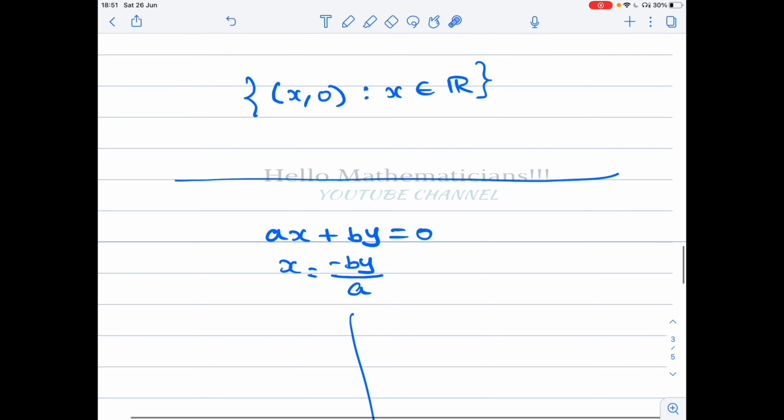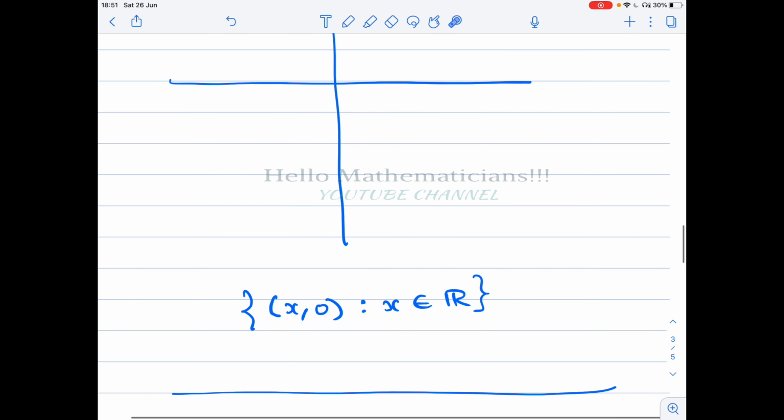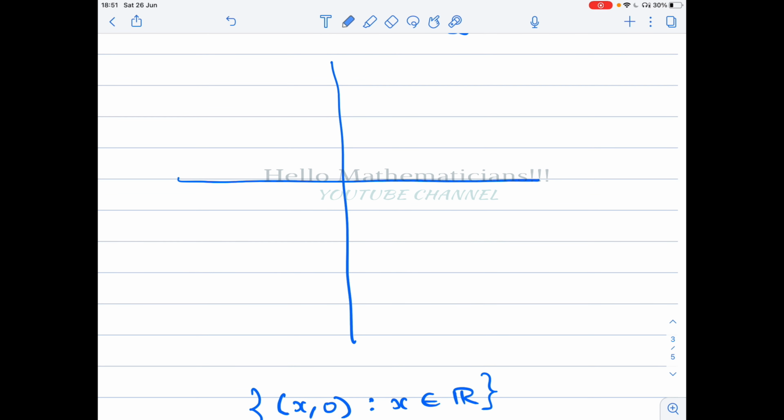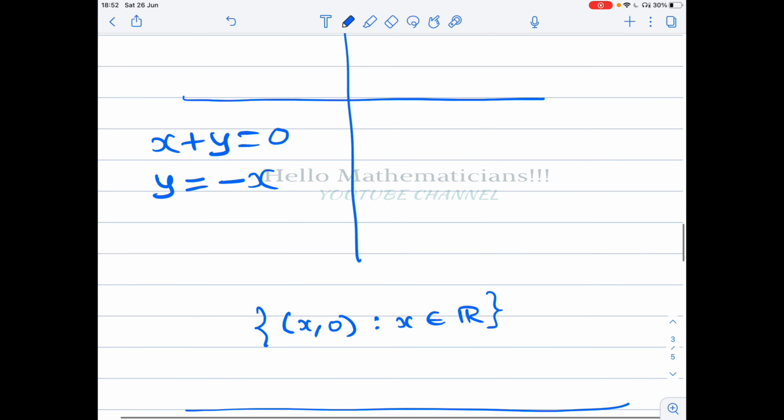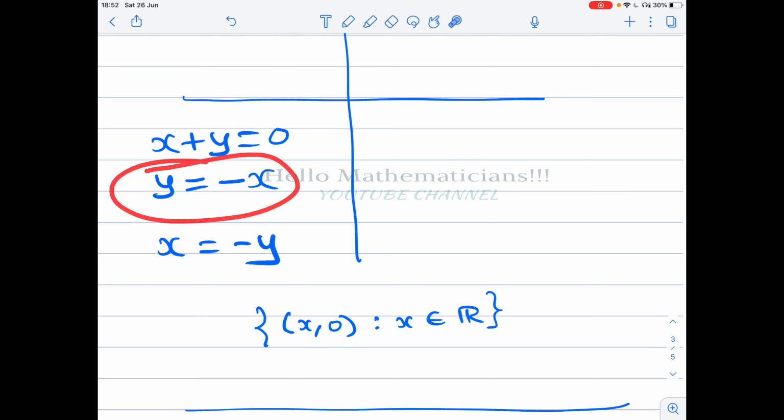Now for example, you can look at the equation x plus y equal to 0. You can write it as y equal to minus x, or you can write x equal to minus y also, doesn't matter. If you write it like this, then x is a free variable.